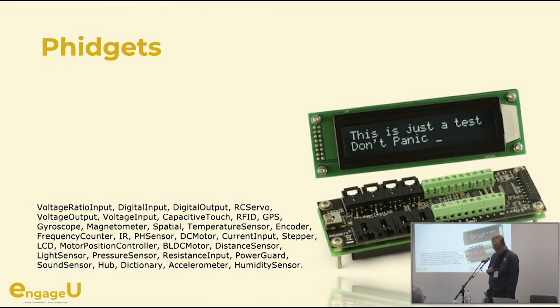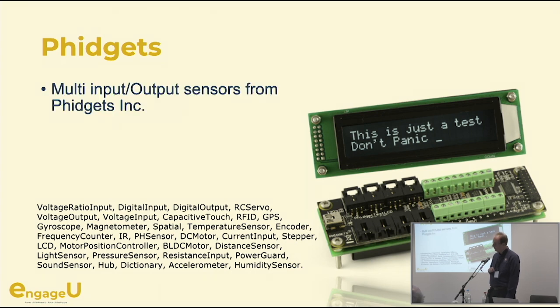Then we have Phidgets. Phidgets are little devices made by Phidgets Inc., like sensors, motors, displays, digital or analog input-output devices, and you can control them from FileMaker with our plugin.